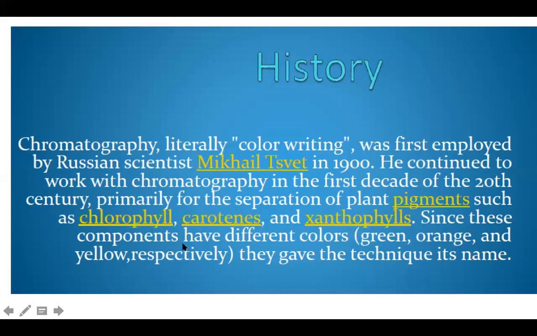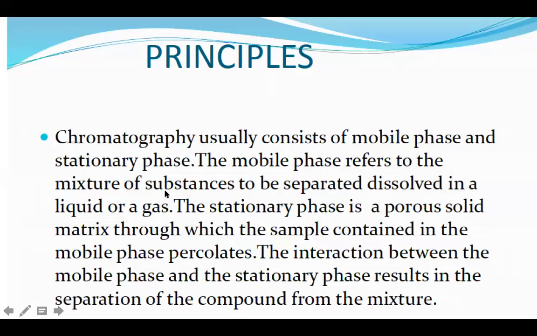Since these components have different colors, green, orange, yellow respectively, they gave the technique its name. That is, as chromatography was first used to separate the coloring compounds, the color came to its name, and we called it chroma. Chroma means color.